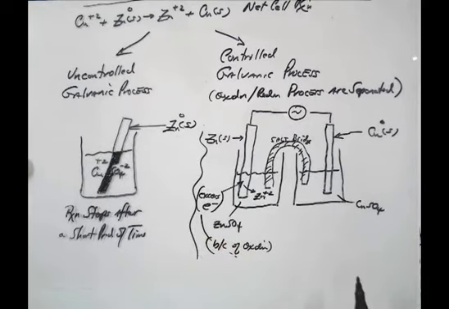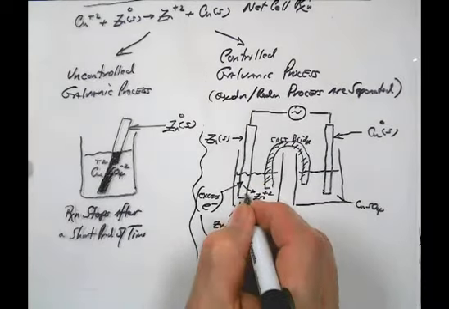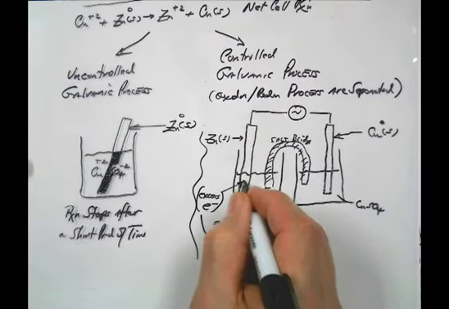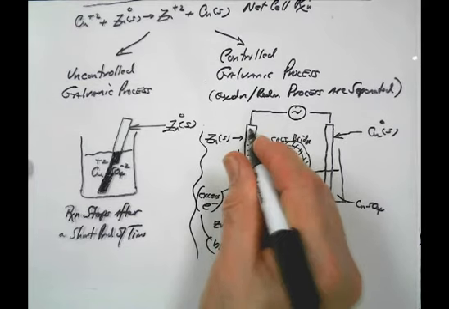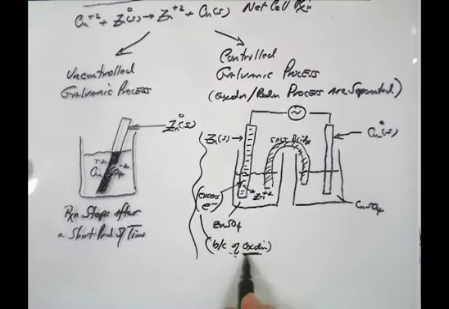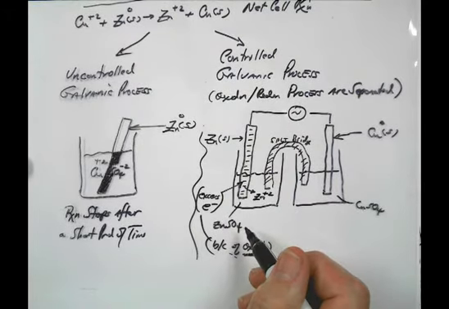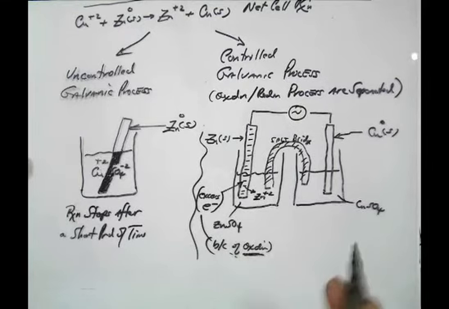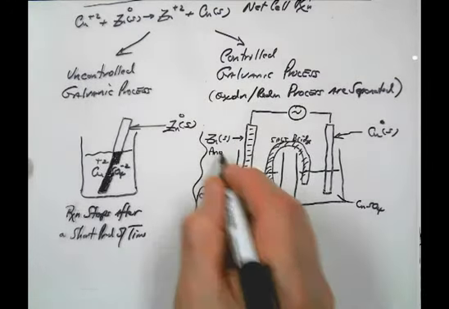Well, the opposite occurs on the other side. Excess of electrons, that makes this electrode negative. And since it's undergoing oxidation, what do we call this? What kind of electrode is it? Anode? Yes, right. Anode.